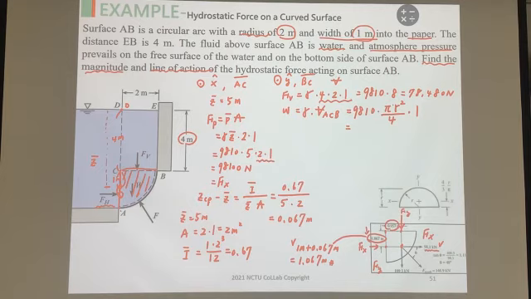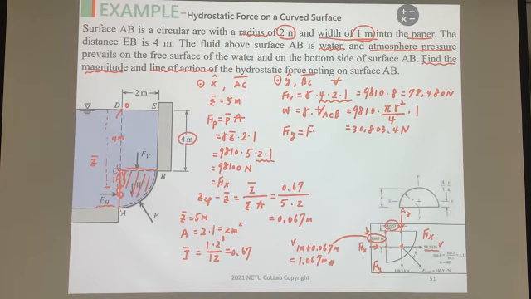So we can compute the total weight. So this is 9810 multiply pi, and then multiply R square. R square is the 2 squared is 4, and divided by 4. Okay, so the answer is around the 30803.4 newtons. Okay, so we can compute the total Fy force, the force along the y-axis.